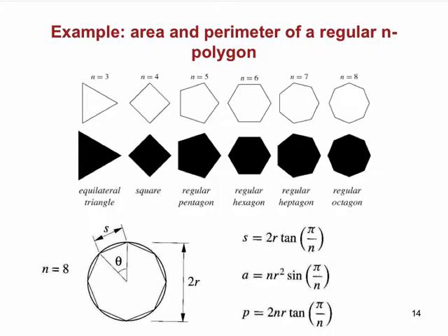And I want R and N to be input. And if you feel that you want to be challenged, then you can put S and N as input. But either way, I want to compute area and perimeter. And I think that's slightly different from what I said the first time around, so I'm going to write it down here.